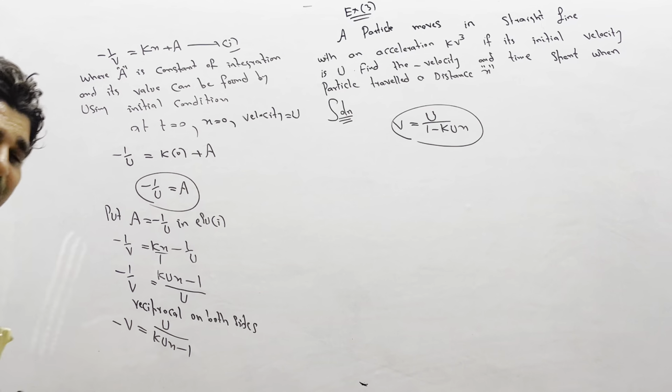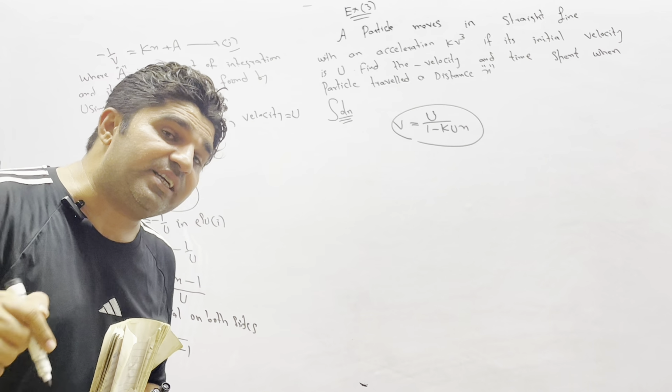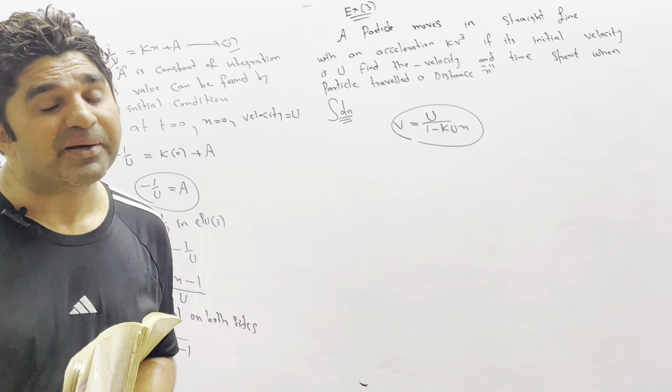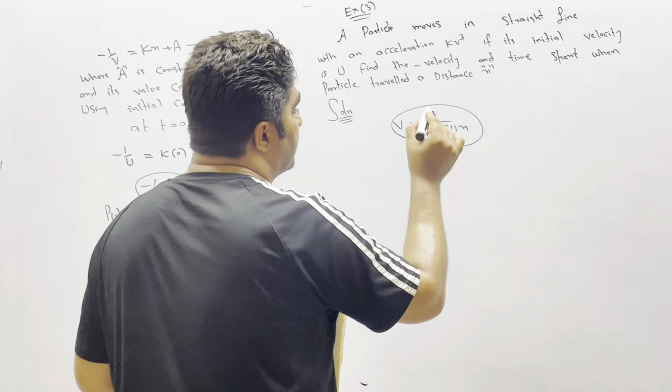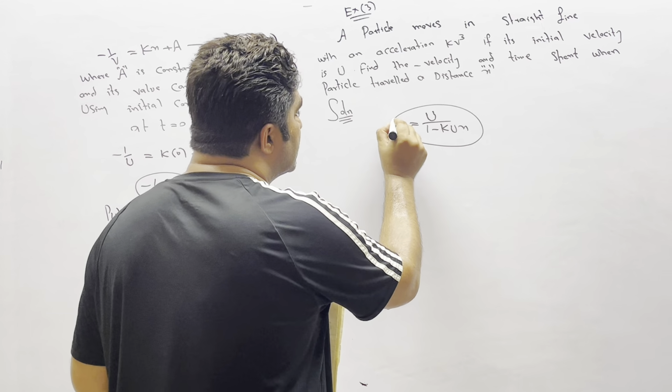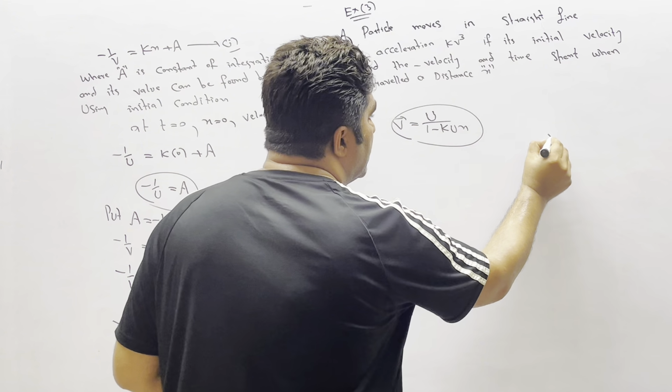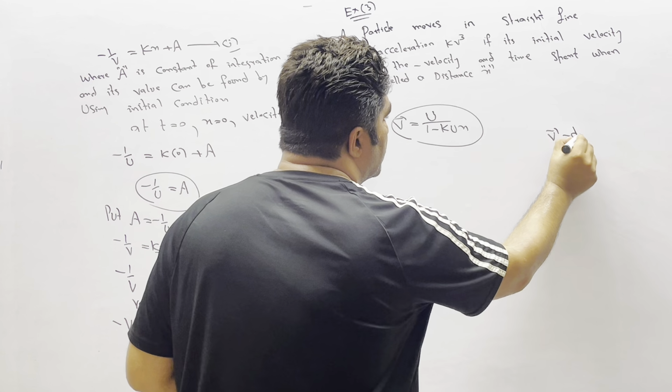And earlier I told you that you want to find the velocity in terms of x, and I got it. Now I want to go towards time. You know, this velocity v equal to dx over dt.